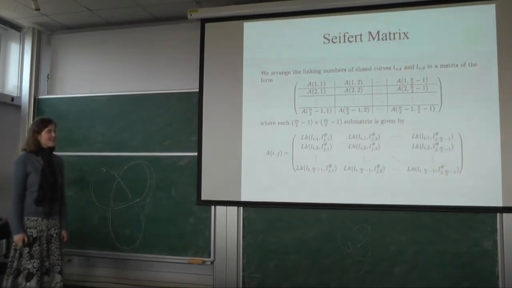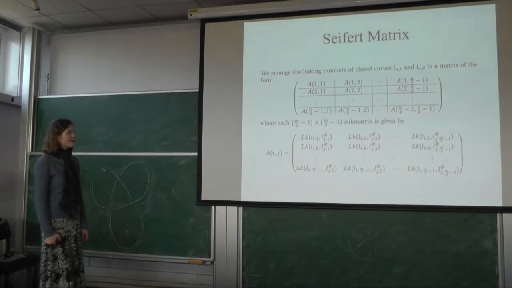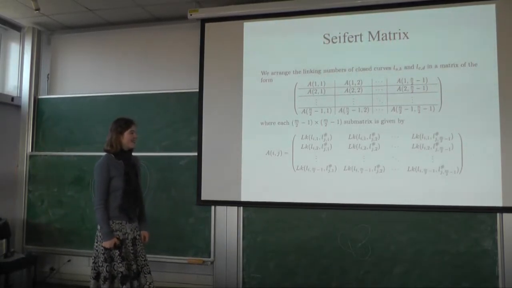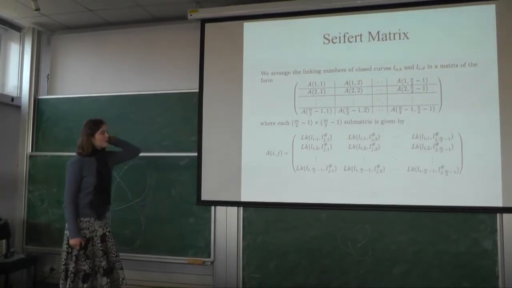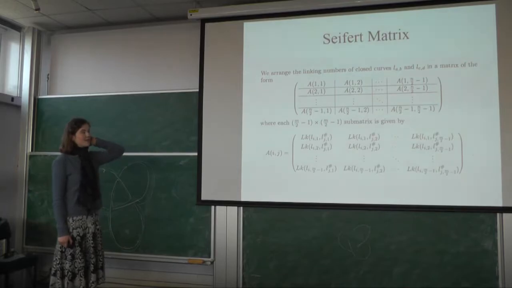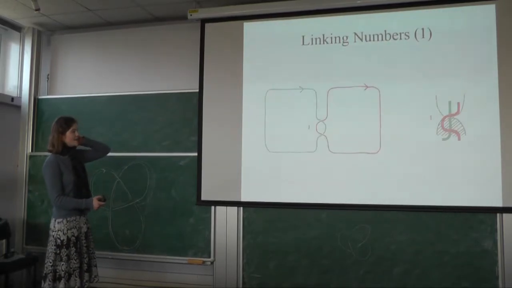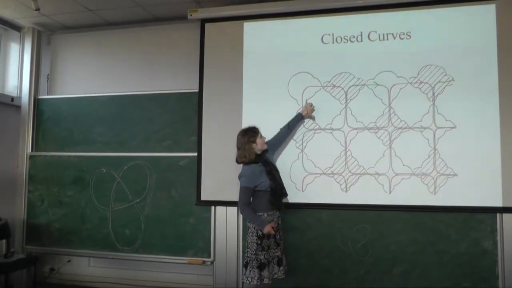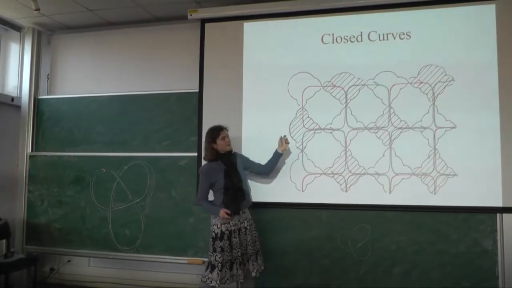Okay, so this is just the format that the Seifert matrix is going to take. We're going to put the linking numbers in the matrix in this form. And the main diagonal is closed curves that link with themselves. So if you have a closed curve here, and then you put another one on, but you sort of raised it slightly off the surface, then it would twist with itself.